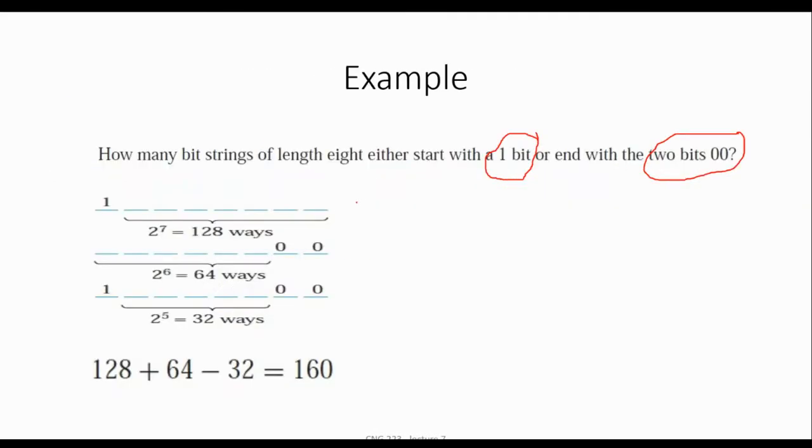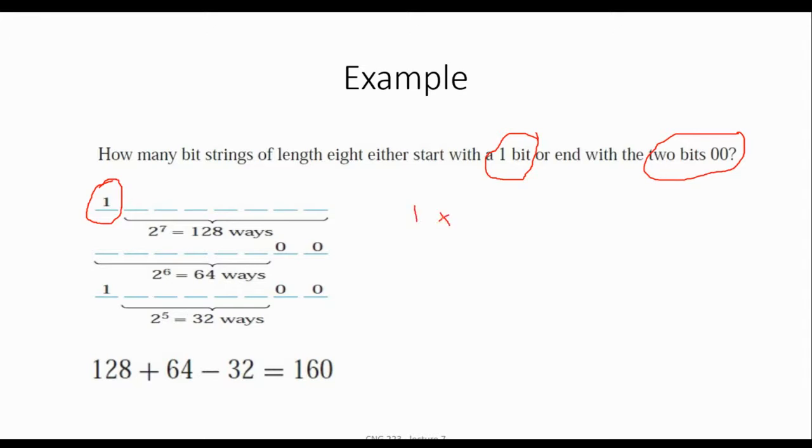For the first one, I say start with a 1 bit. It means that for the first bit, the only possibility that you have is this one. If you want to multiply this one by the rest using the product rule, this one is fixed.